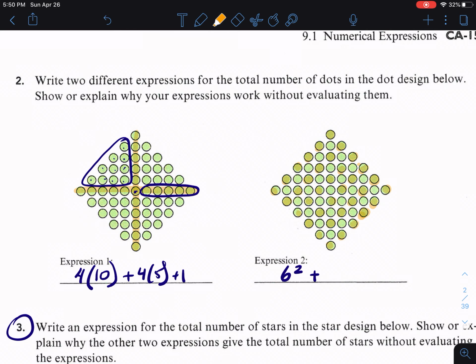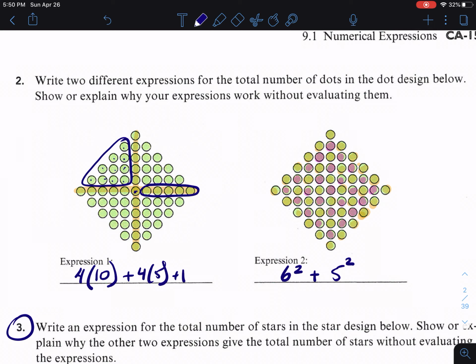But I didn't highlight all of the dots. There's still these pink ones inside, the ones that are offset a little bit. Those also form a square. And what size square is that? It's a 5 by 5. So 5 squared.